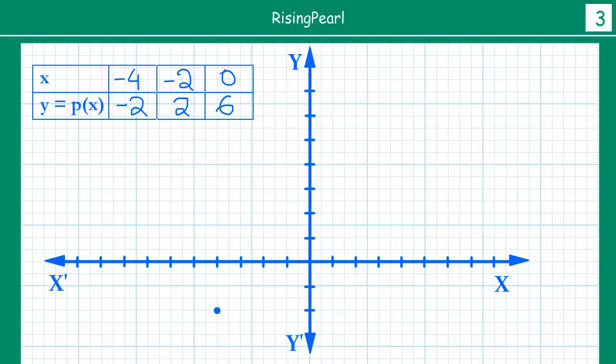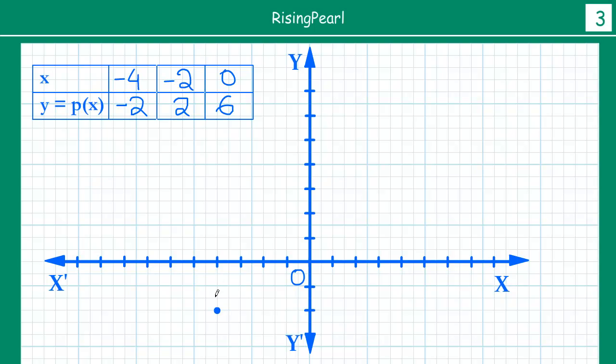Now we would want to plot each of these points. Here we have an x-axis, x dash, y dash, and this is our origin, right? The first point is x is minus 4, so 1, 2, 3, 4 on the left side of the origin, and y is minus 2, so from here 1, 2.